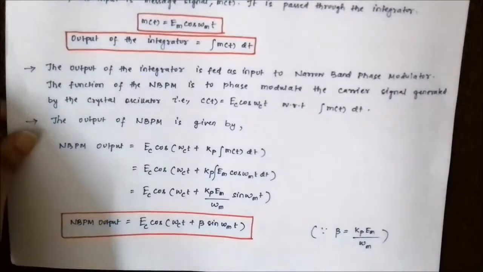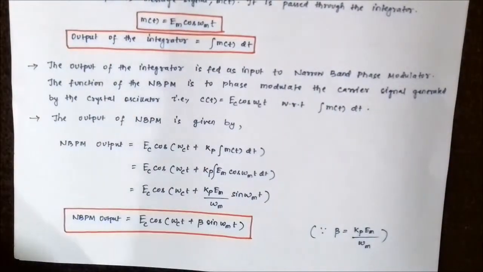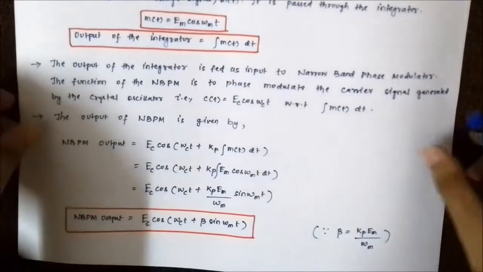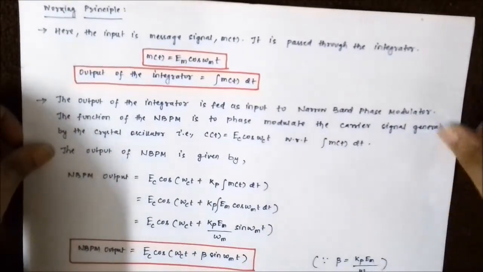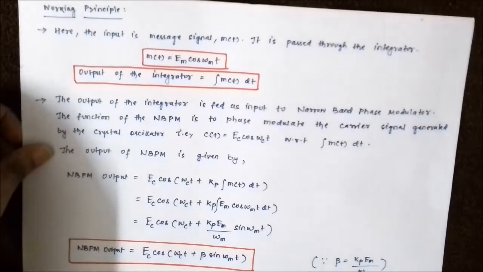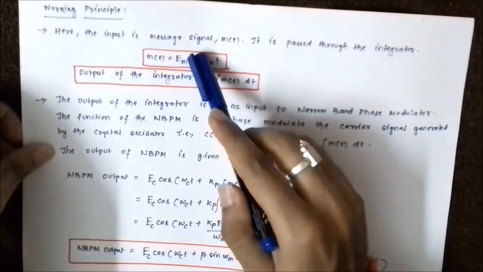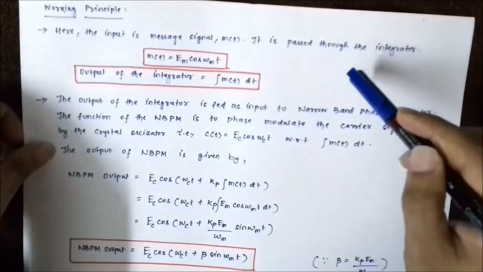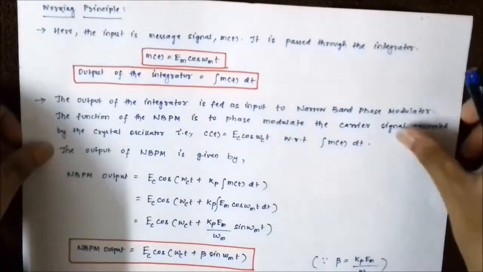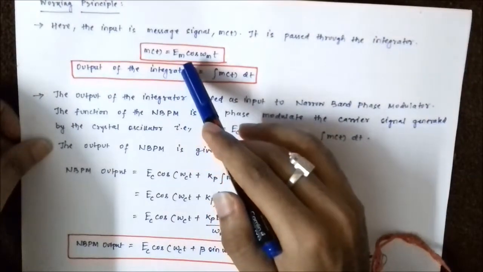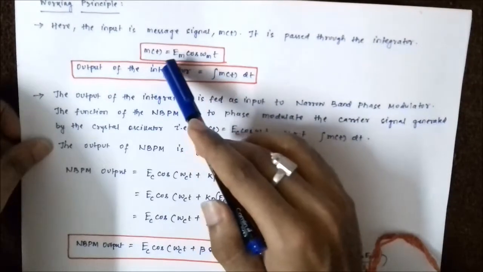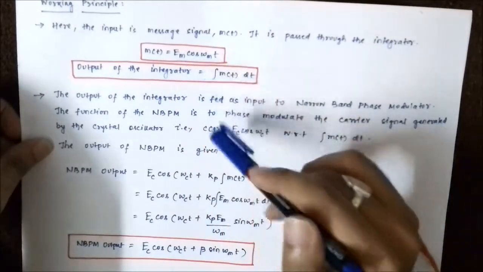Now, this is the working principle of the Armstrong method. So first the message signal input is passed through the integrator. The message signal is given by m(t) equal to Em cos omega_m t.